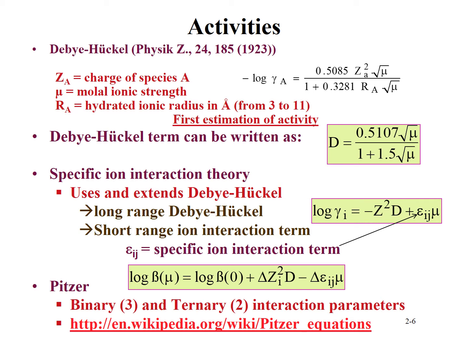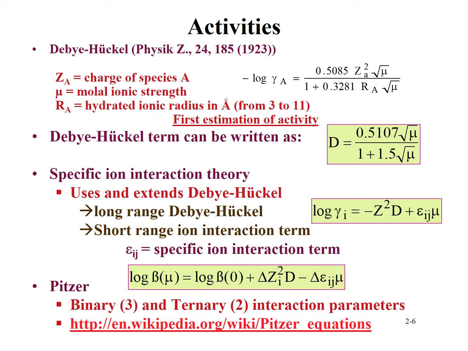One can wrap up all these terms together and develop an equation which says the log of the complexation constant at a measured ionic strength is equal to the value at zero ionic strength plus this function of the Debye-Huckel term minus the specific ion interaction terms times the molal ionic strength.